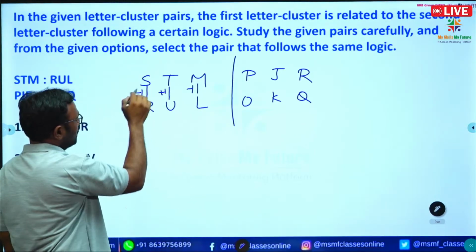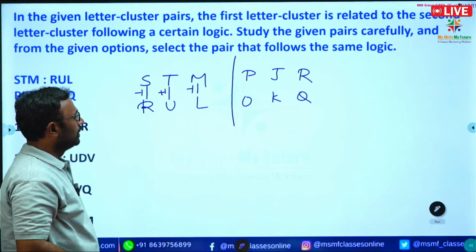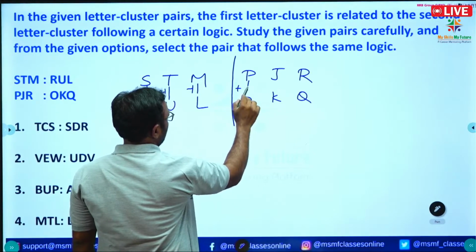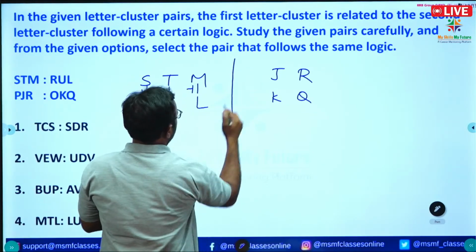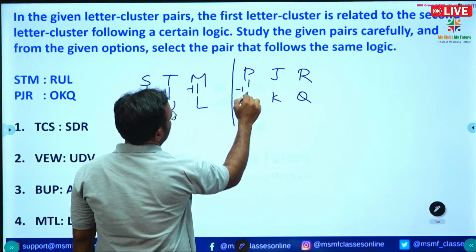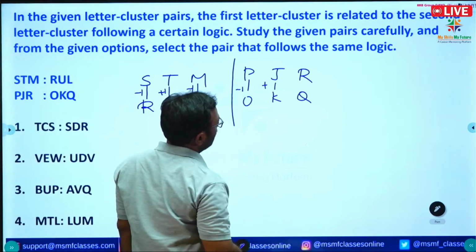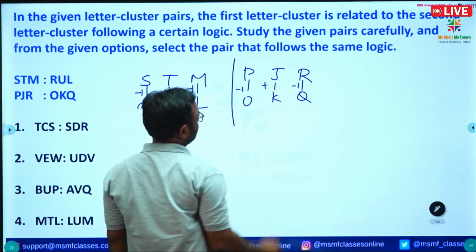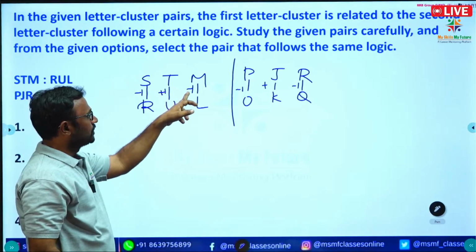S minus 1 is R, T plus 1 is U, M minus 1 is L. Here also, M, N, O, P, minus 1, P to O. I, J, K plus 1. Q, R minus 1. So minus 1, plus 1, minus 1.